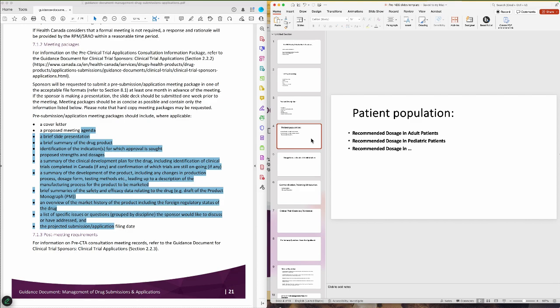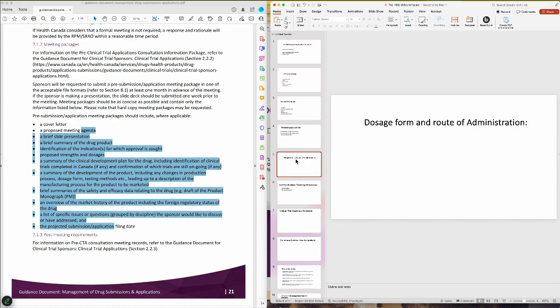We continue this presentation to Health Canada scientific reviewers by talking about the dosage form and route of administration of the drug. Don't forget that this is a pre-NDS meeting, so the drug is not on the market yet, so we need to give information that is not always public. As I already mentioned, as a regulatory affairs professional working in a company, you will have access to all of this information.